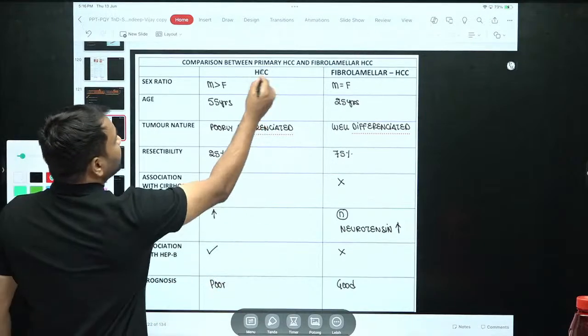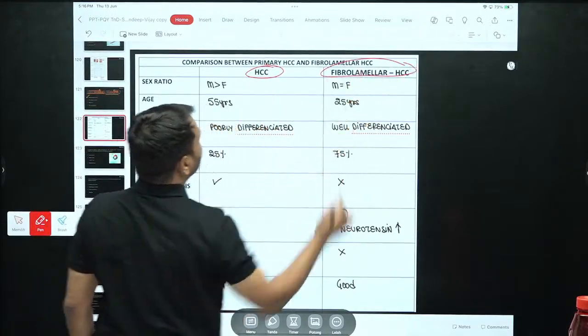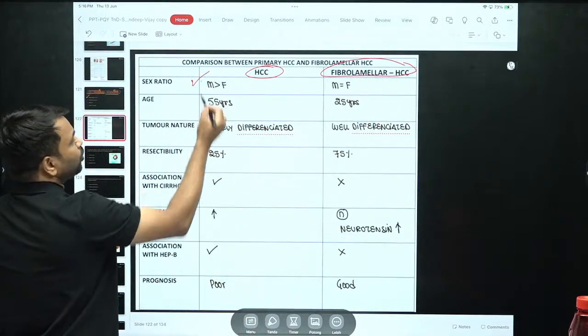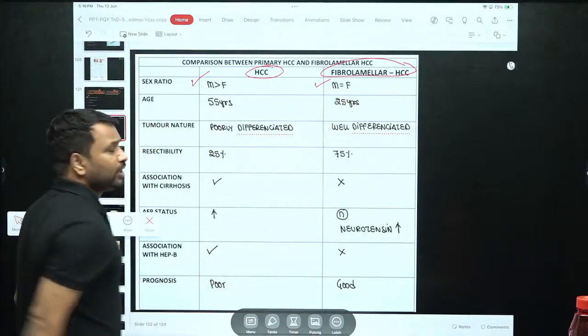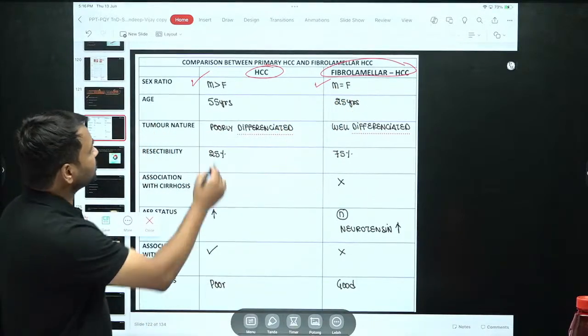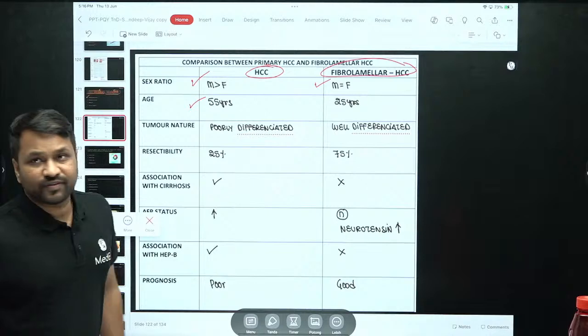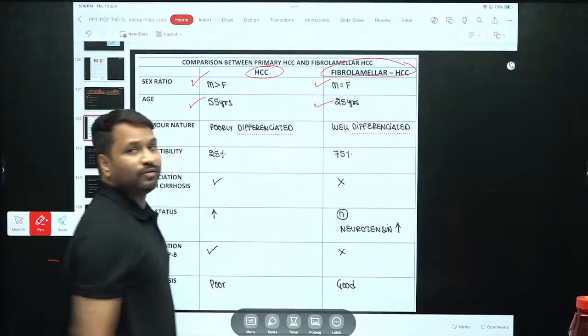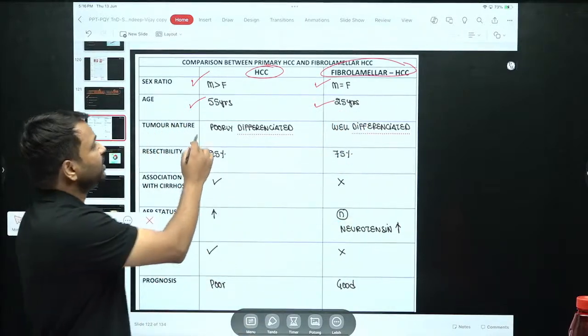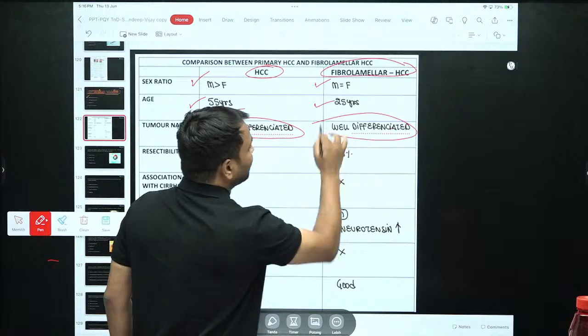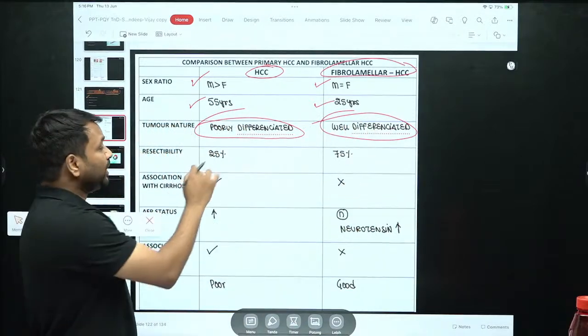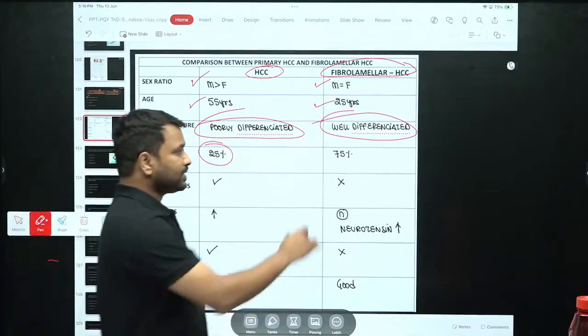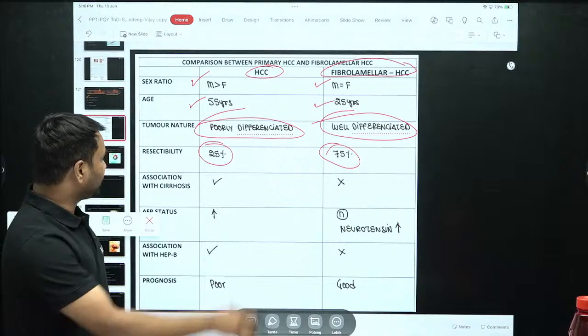Now, when we talk about the HCC versus fibrolamellar variant of HCC, you will say HCC is more common in males. Fibrolamellar variant is more equally seen in both males as well as females. The usual age of presentation is the 5th decade for HCC, whereas fibrolamellar variant is in the 2nd decade, that is 25. It is poorly differentiated HCC. Fibrolamellar is well differentiated. Only 25% of HCCs are resectable, 75% are unresectable.